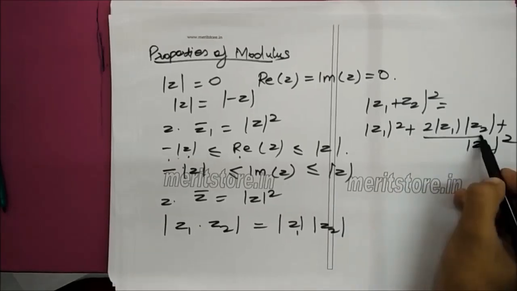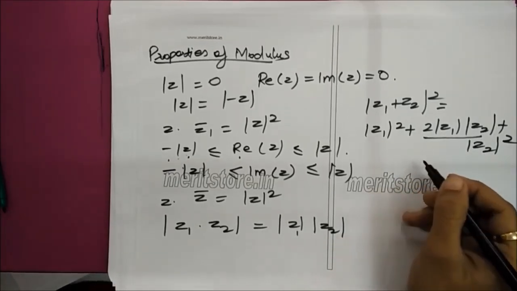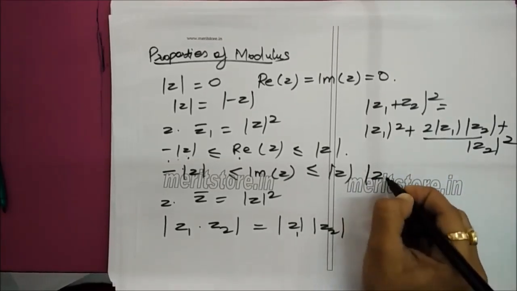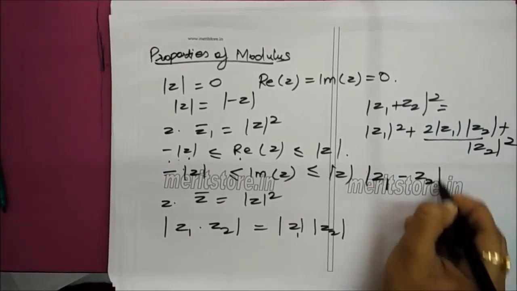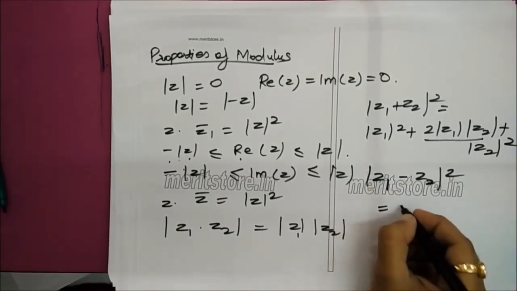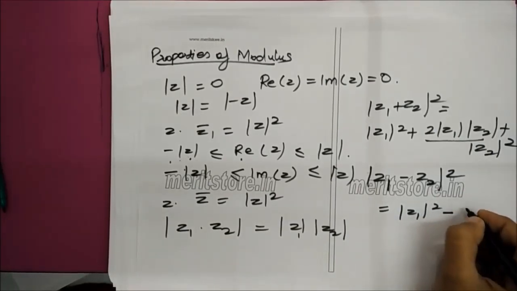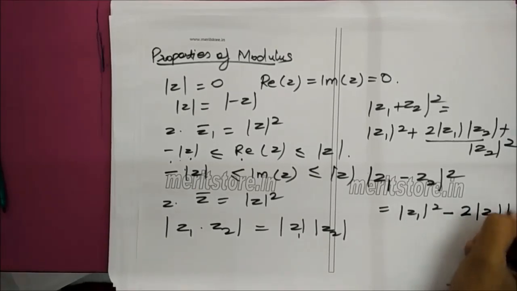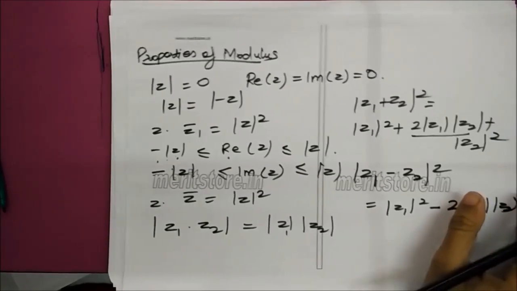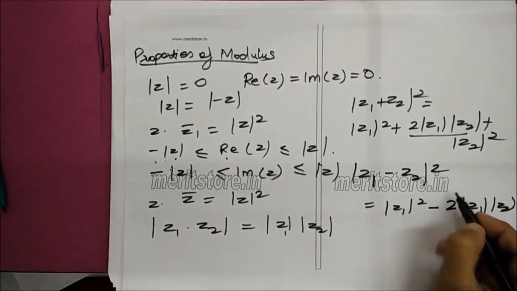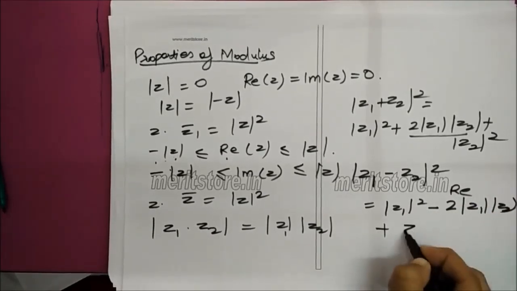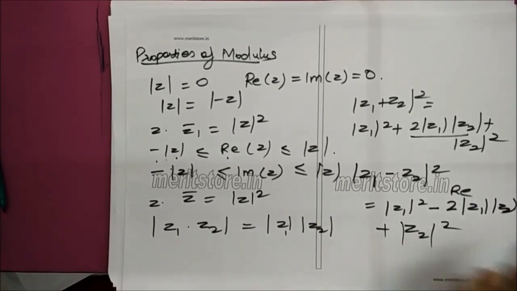So when I am multiplying, this will be purely real again. When you are subtracting and the squares are taken, that time again Z1 the whole square minus 2 times Z1 Z2 plus Z2 the whole square.